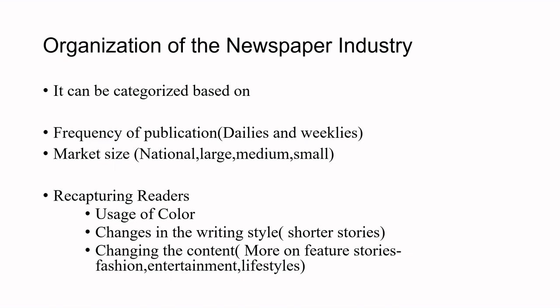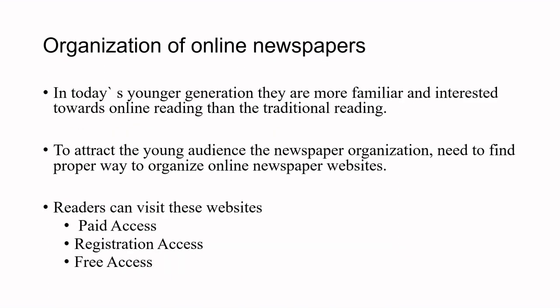In order to recapture their readers, the e-version of the newspaper should integrate more attractive colors, and they have to change their writing styles. The content should be more focused on fashion, entertainment and lifestyle. That is a very important note in order to capture the readers, especially Gen Z readers, the younger generations.